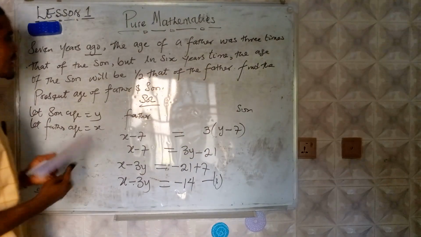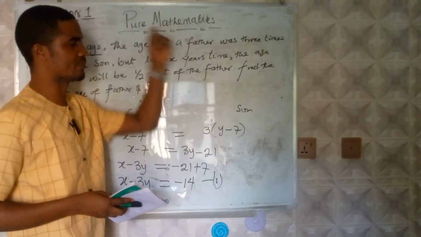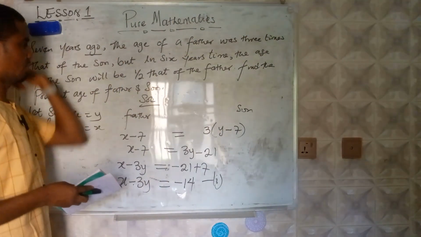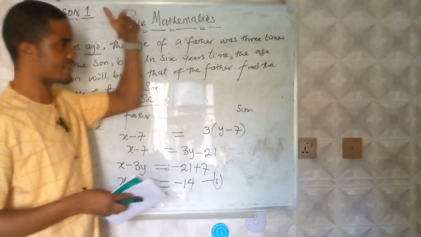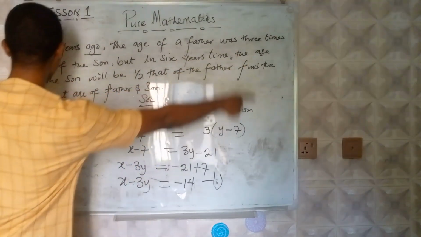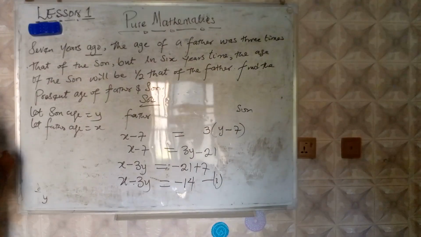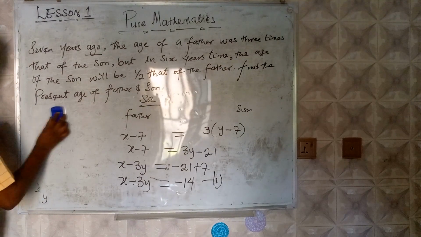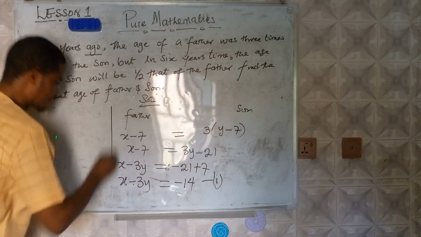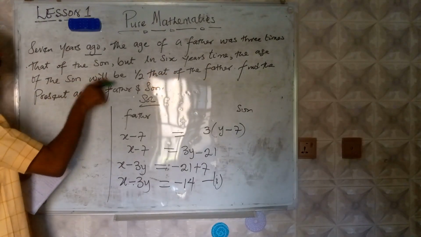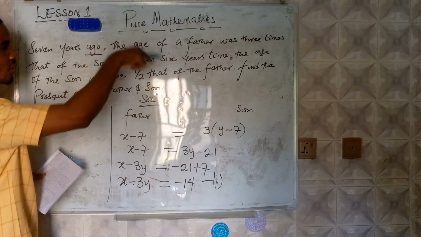In equation 2, it now says, but in 6 years' time, addition. So we say in 6 years' time, the age of the son will be half that of the father.